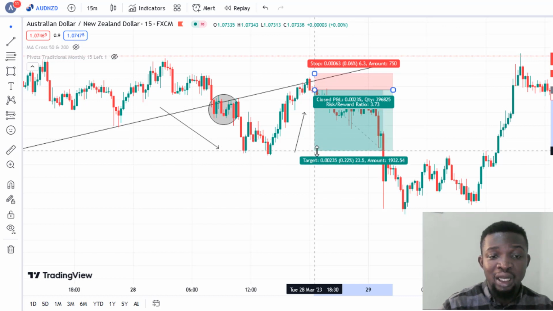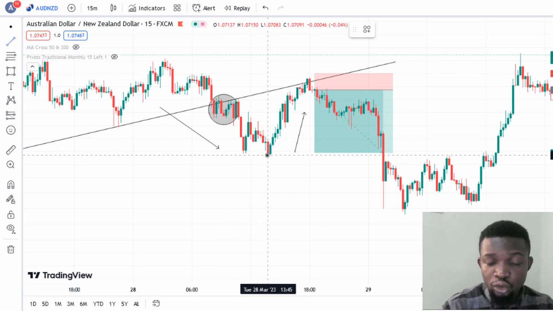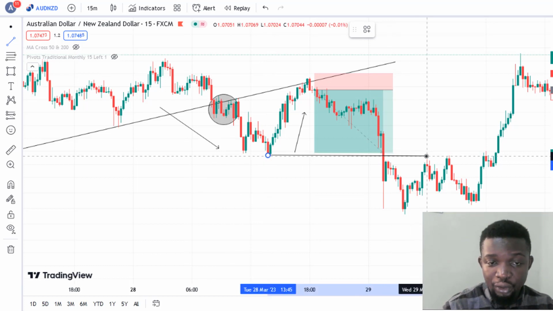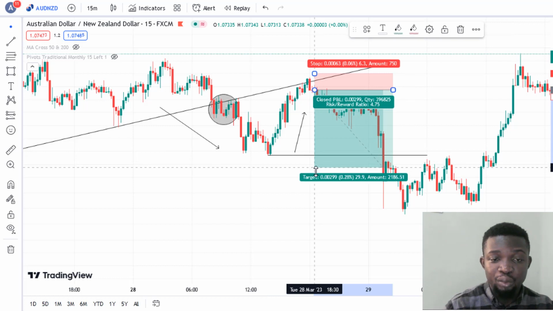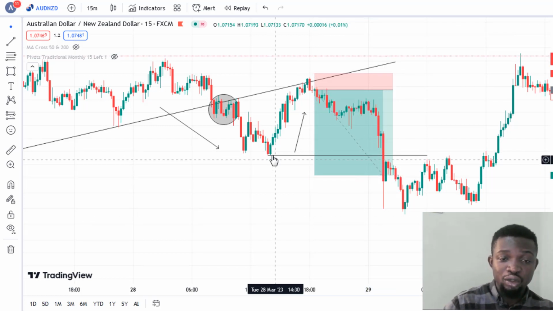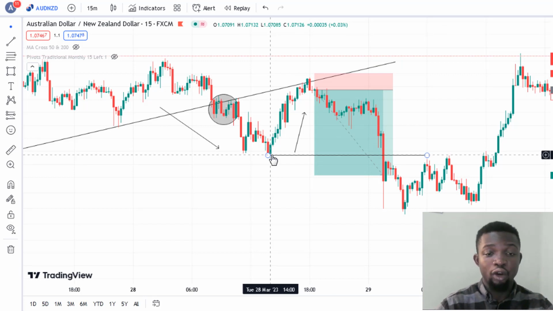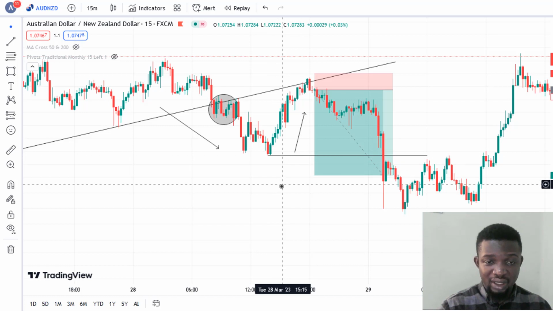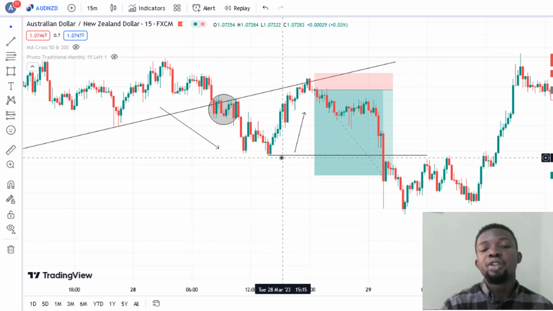Then we can place our take profit at this level here, or a little bit below this level. You can decide to place your take profit here, or you can place it a little bit below this level.